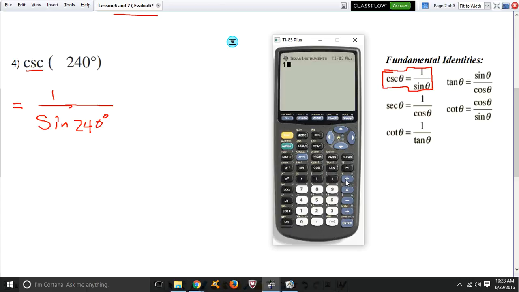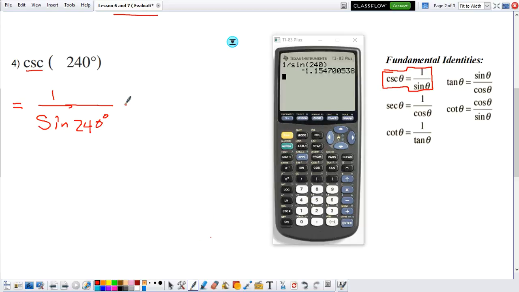So 1 divided by sine of 240. Then we press enter, and that's our answer. That's equal to negative 1.155. We said 3 decimal places, so that becomes an extra 5.